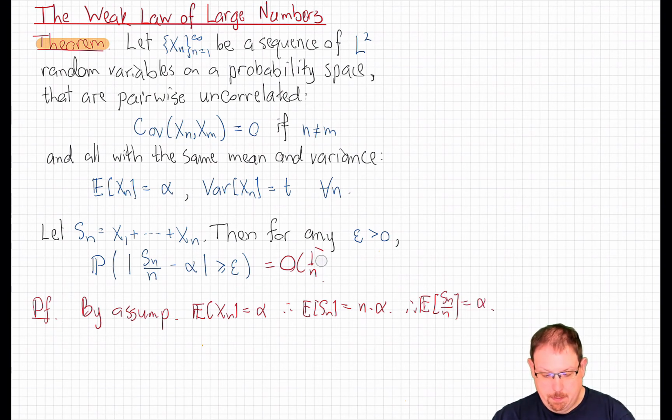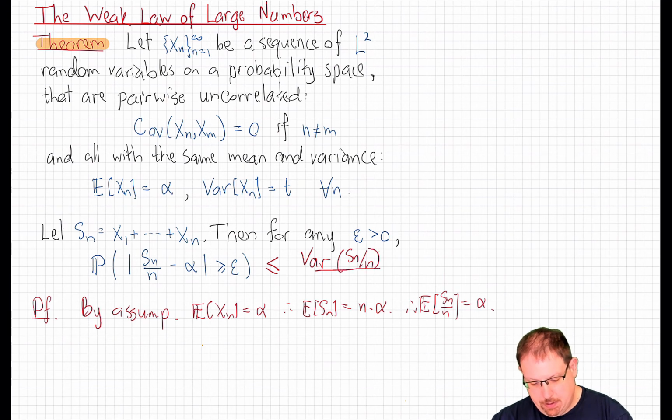Therefore, by Chebyshev's inequality, we can estimate this probability, which is the probability that this L2 random variable minus its mean is bigger than or equal to epsilon in absolute value. That is bounded above by the variance of the empirical average divided by epsilon squared.